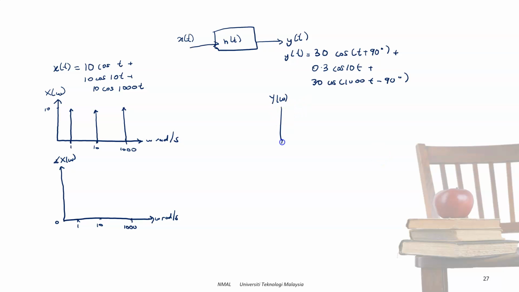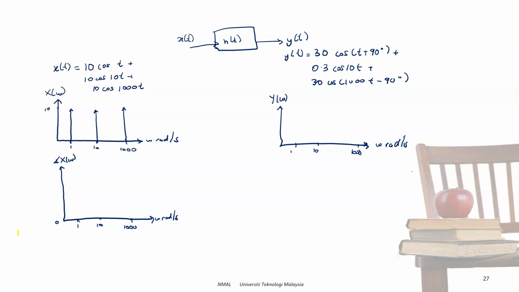Okay, so when we plot here, we have 1, and then we have 10, and we have 1000. Okay, so this is omega in rad over second.